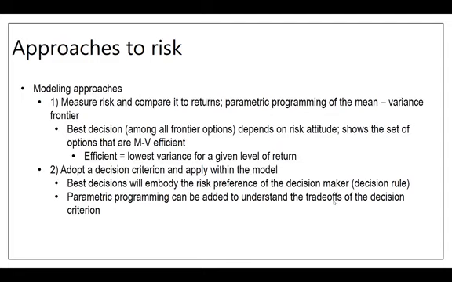Which is more important? Because we need that single valued objective. And so the approach we took was, let's use the model that describes choices under risk, to find the efficient mean variance frontier. That was a parametric program because we were finding the lowest variance option that gave us a target return.